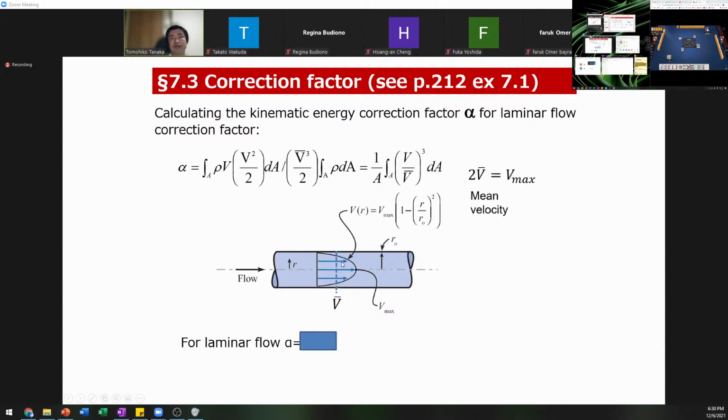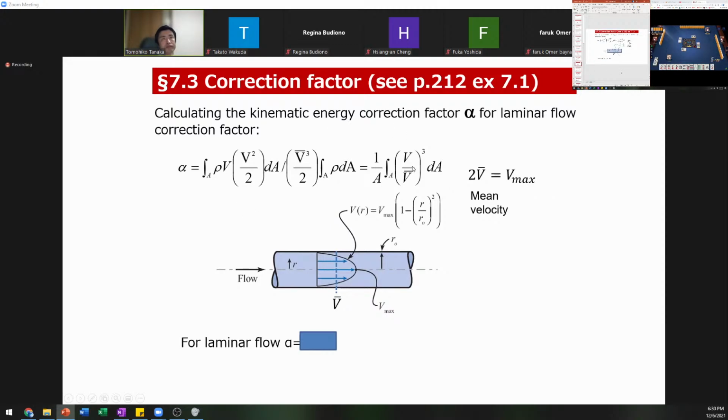For the laminar case, the velocity can be defined as V(r) equals V max times 1 minus (r over R0) squared. So can you try to calculate alpha for the laminar case? The definition is here. And also, as you have learned, the mean velocity for the laminar case is half the maximum velocity.